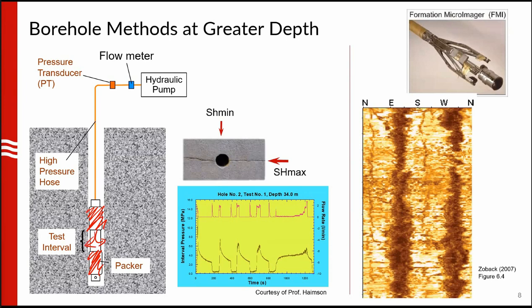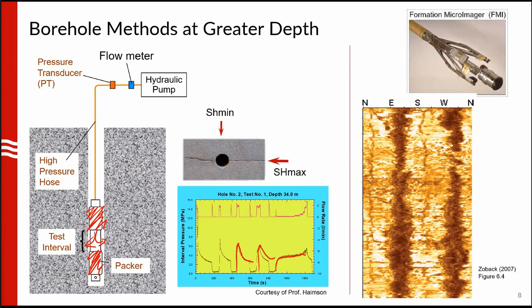The pressure record example is shown in the middle bottom figure, where you can see the increase in pressure decreases. When you reopen the fracture, you only reach a certain pressure level, because that's the pressure required to open the fracture, corresponding to the minimum horizontal stress.